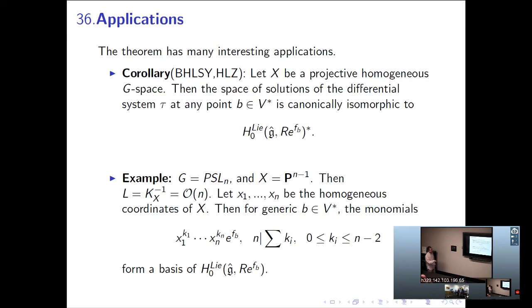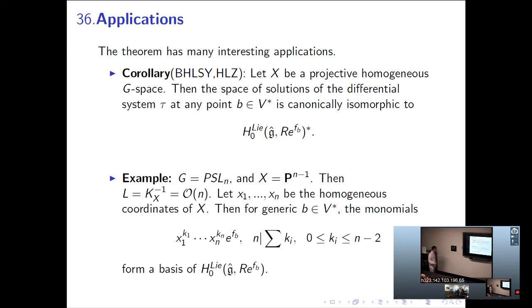So as a corollary, if X is a projective G space, actually in this corollary homogeneous can be deleted, then the space of solutions of tau at any point B is canonically isomorphic to the dual of the Lie algebra coinvariant space of the Lie algebra G hat acting on this infinite dimensional vector space.